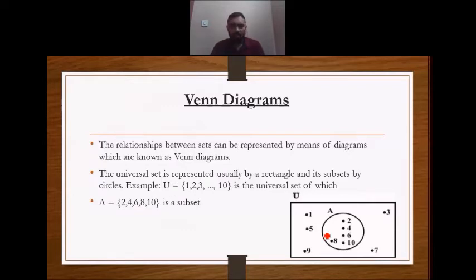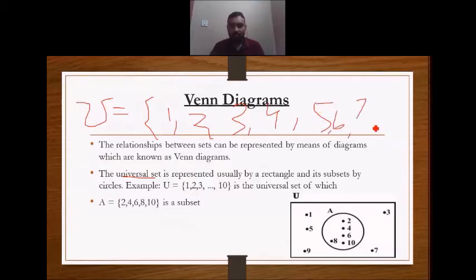So what is the Venn diagram? We shall start with one example. What is the meaning of universal set? Universal set is the largest set which contains all the other sets as subsets. So let us take an example for the universal set U. It is denoted like this: 1, 2, 3, 4, 5, 6, 7, 8, 9, and 10.